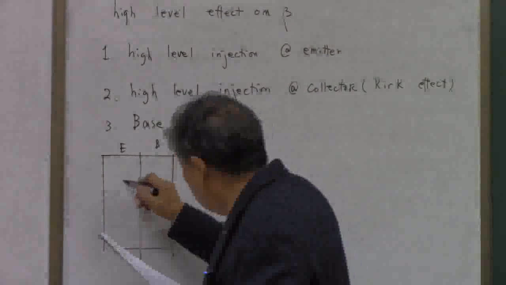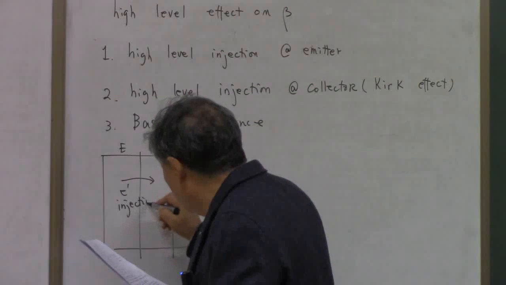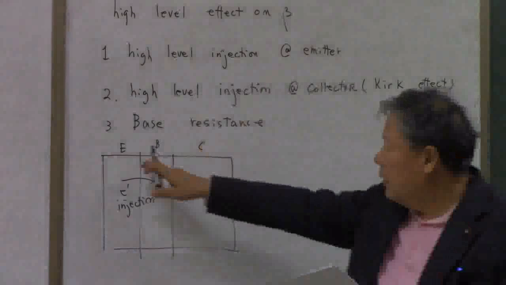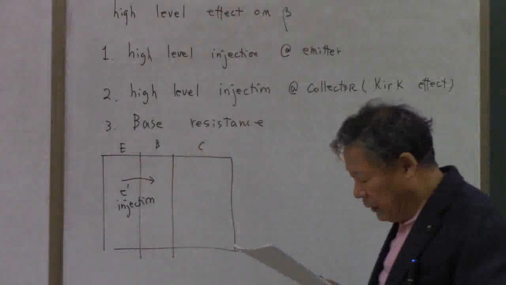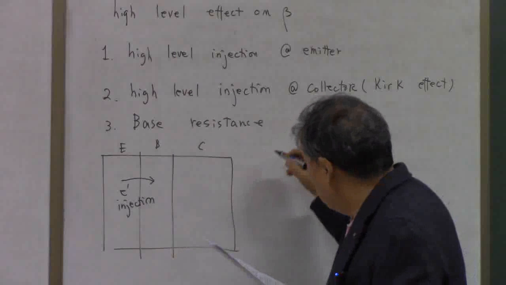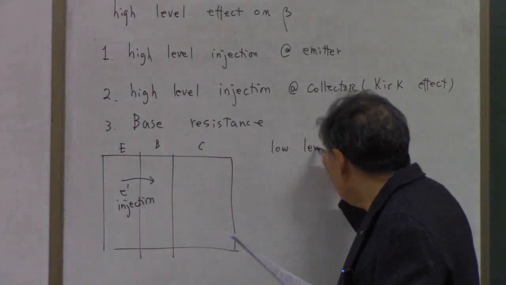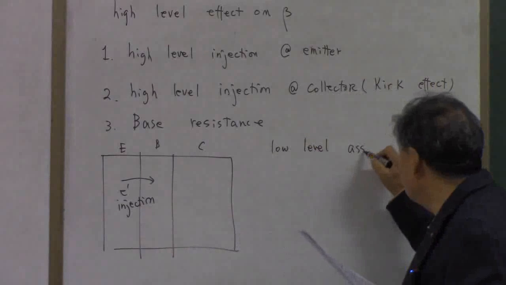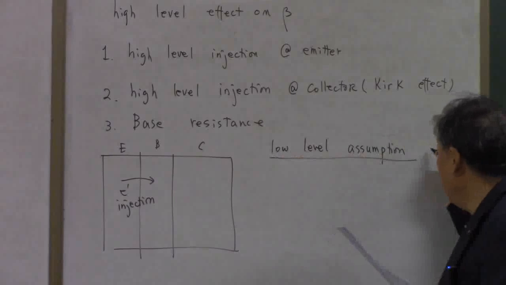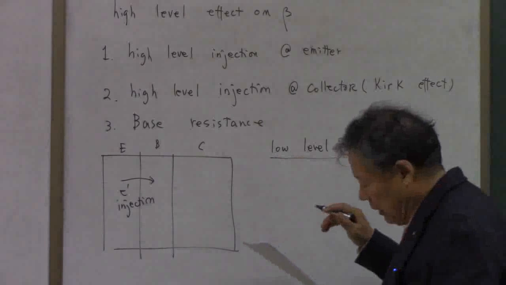And if electron injection into the base by the forward biasing between this emitter and base, then in the base, the low level assumption that we had made for the base is no longer valid, okay?